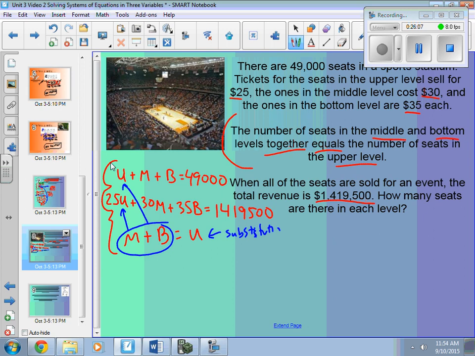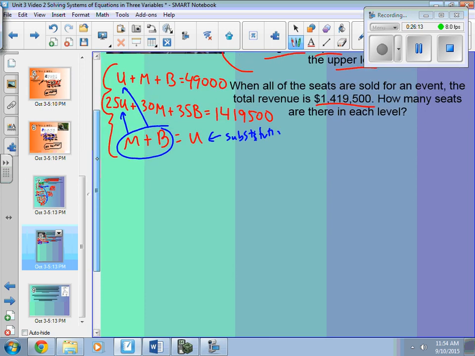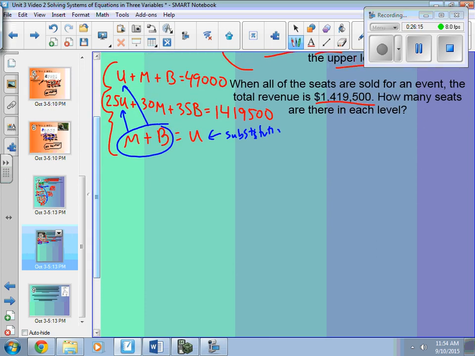And now we can get our equations just down to m and b. So if we do that, we get m plus b plus another m plus b equals 49,000. If we substitute it into the second equation, we got 25 times m plus b.